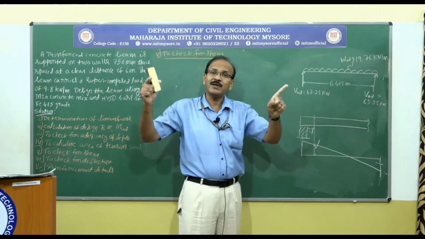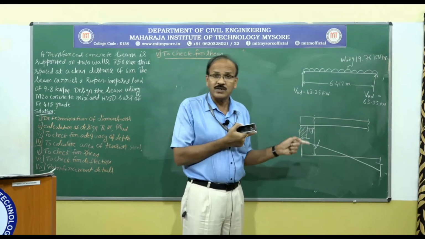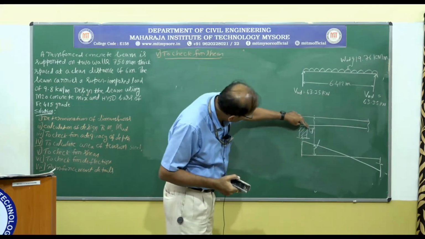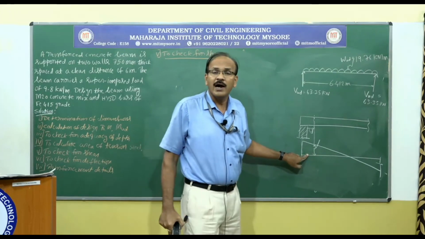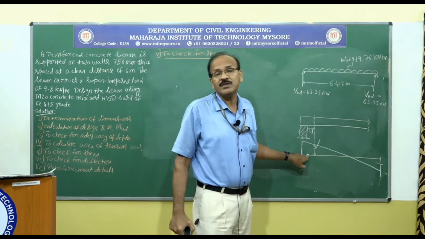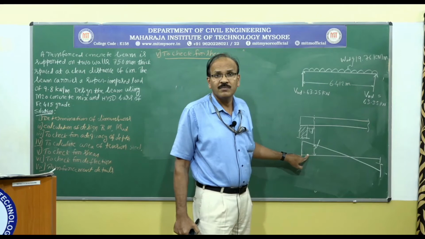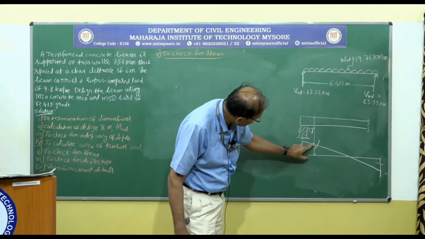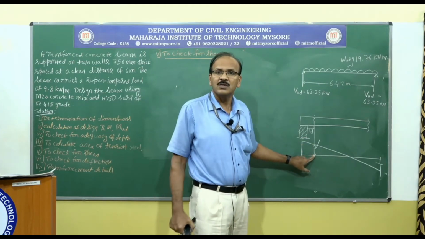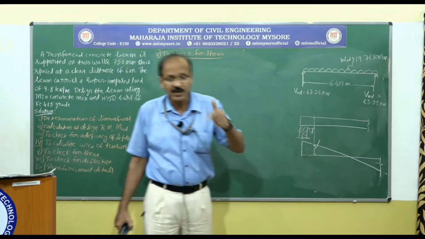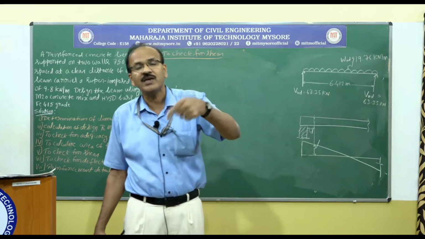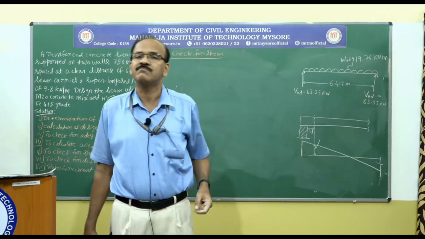So what is the clear span? 6 meter in this case. So at that level you can take that shear and you can design for shear at that value. So this value is a little bit greater than this. That's okay, because you are designing for shear for a higher value. That way you are going to be a little bit safer.